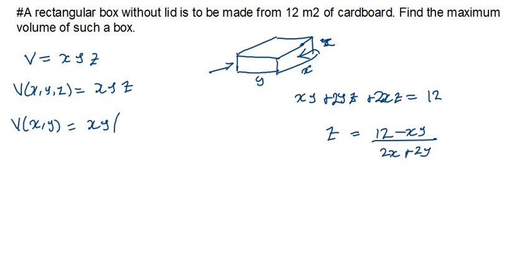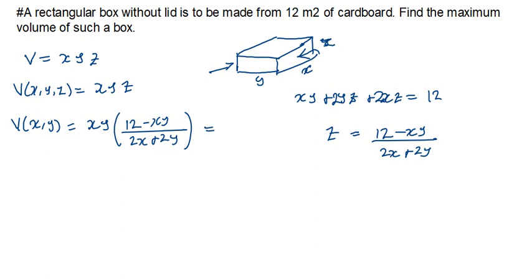So when you substitute here, we say xy times (12 minus xy) divided by (2x plus 2y), like that. Okay, what do we then do?